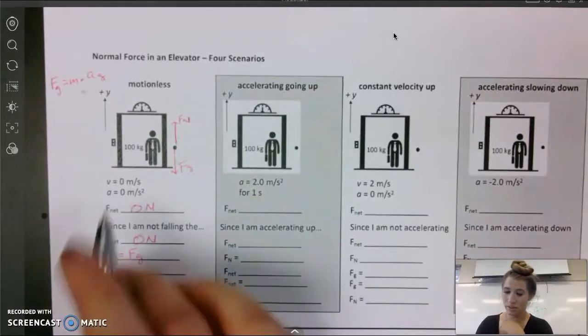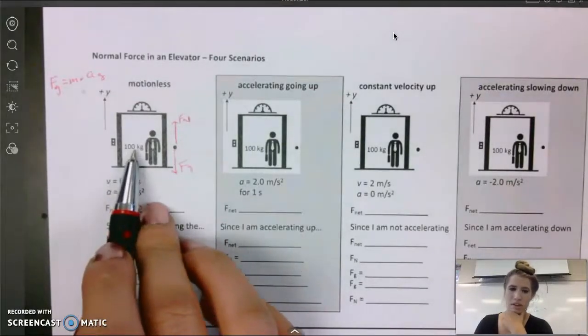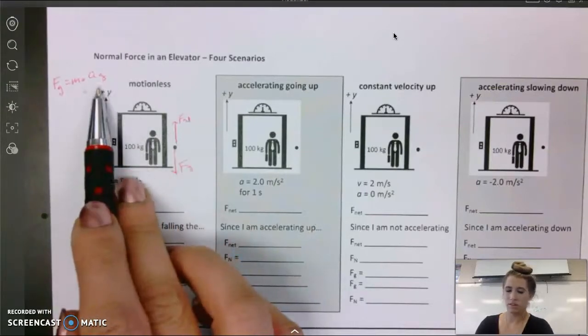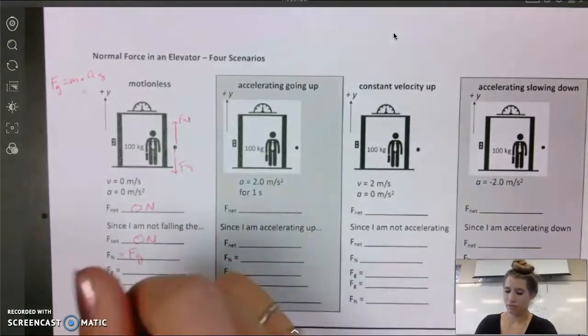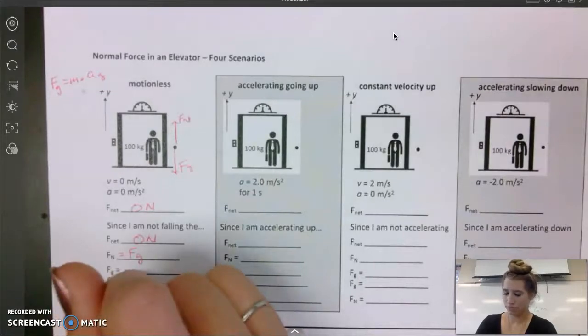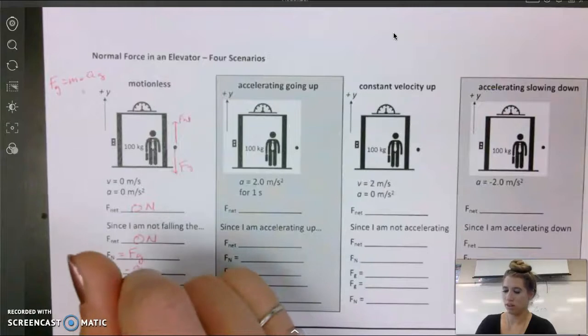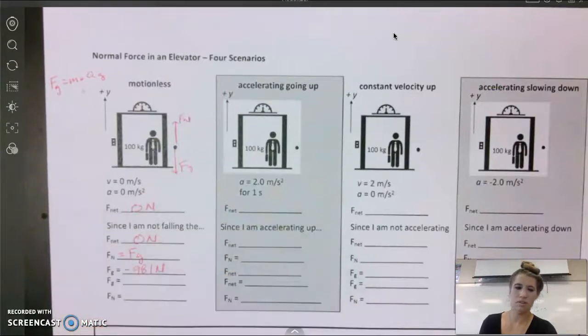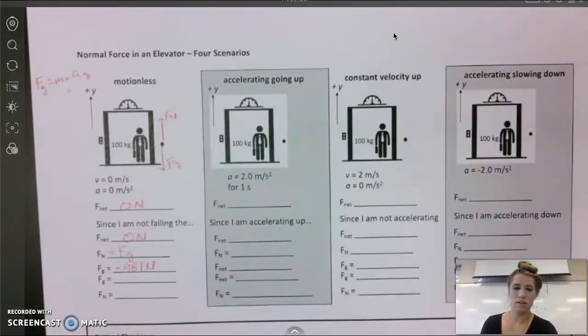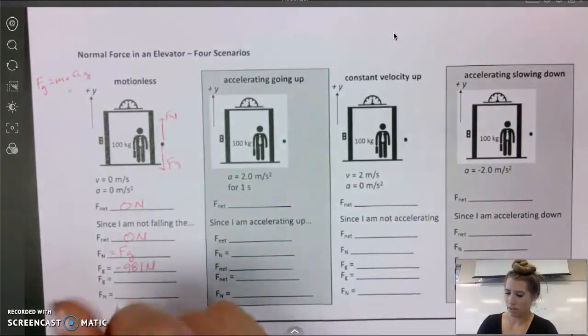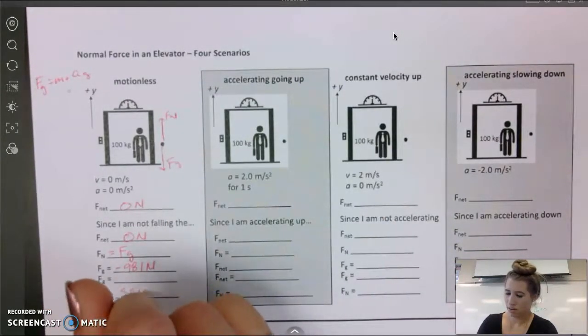So the mass of the object is 100 kilograms, and you'll multiply that 100 by the acceleration of gravity, negative 9.81, so 981 newtons. That's our force due to gravity there. And our force normal would be equal and opposite from that, so that'd be 981 newtons.